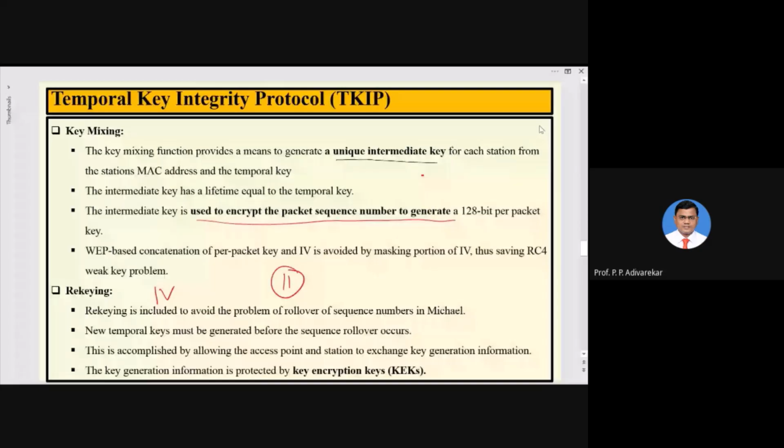The IV, that is the initialization vector, and the sequence number are now encrypted by the intermediate key, known as IK, so that the seed value is now also encrypted, and a weak RC4 key will not be generated. The RC4 keys generated will always be strong keys. Every key sequence will be a stronger one, not any weak key, and that's why key mixing is done.